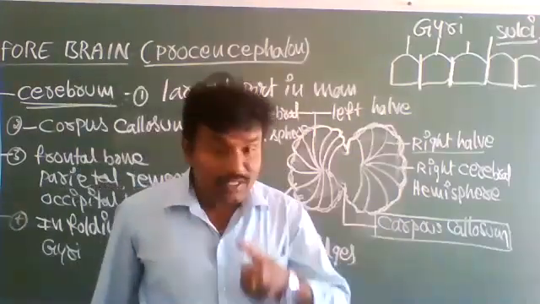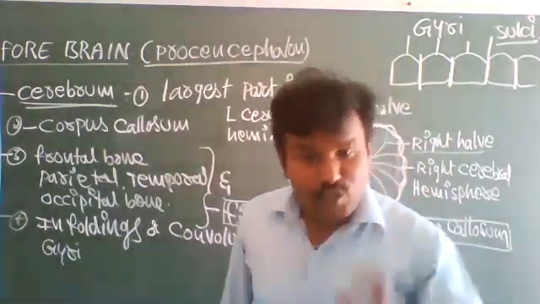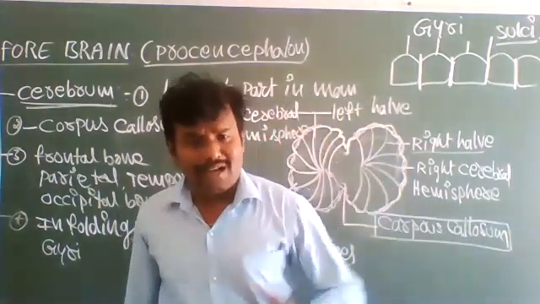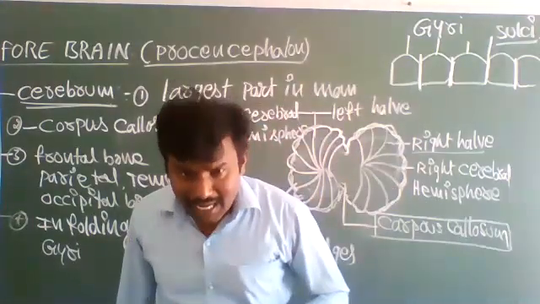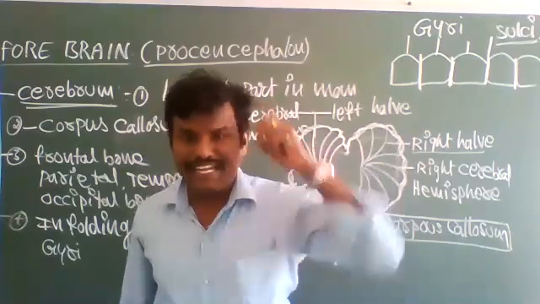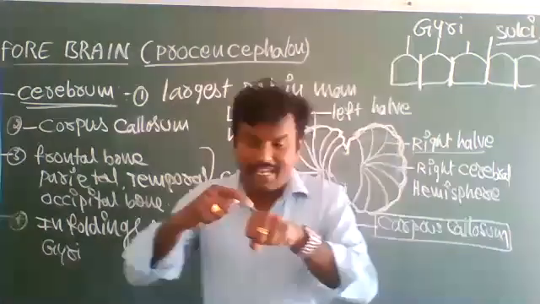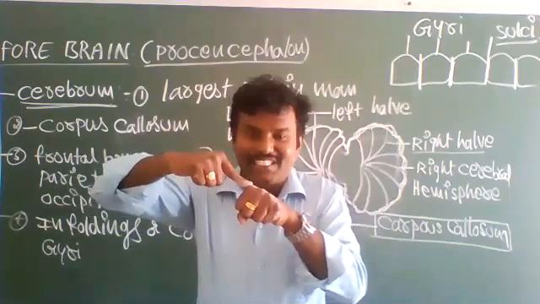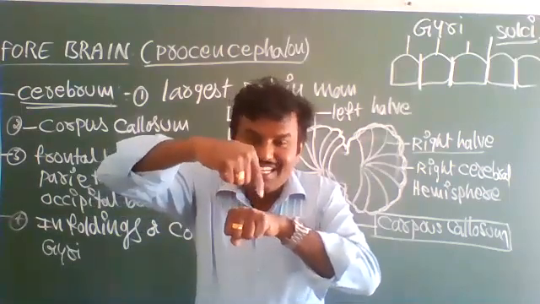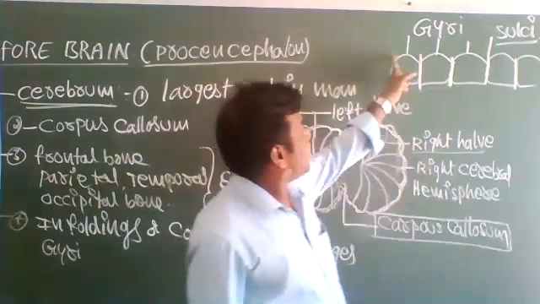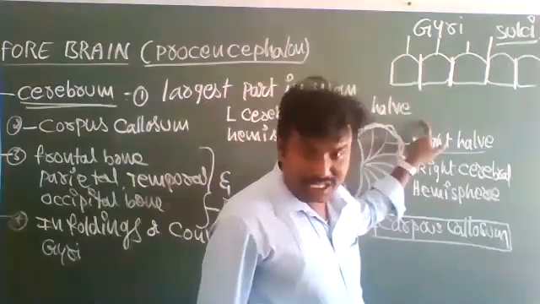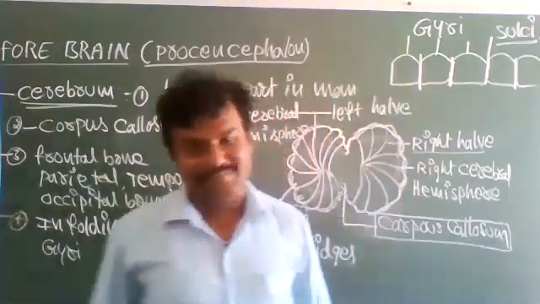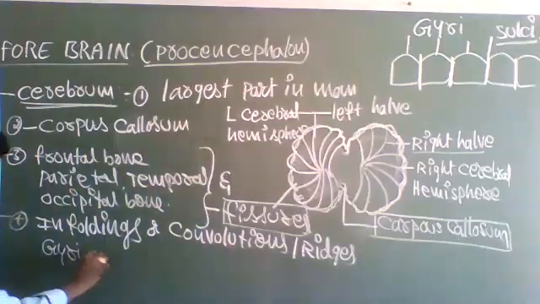So the cerebral hemisphere consists of numerous infoldings or convolutions or ridges. Those ridges are called gyri. The gyri are separated by depressions called sulci.